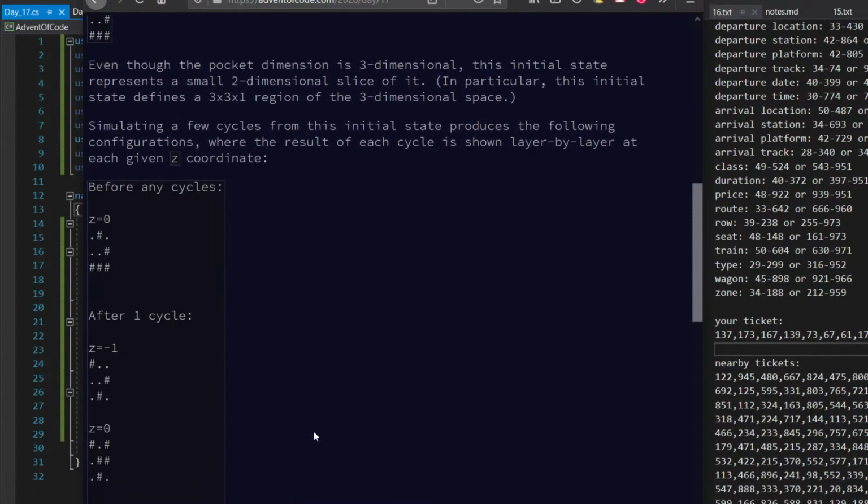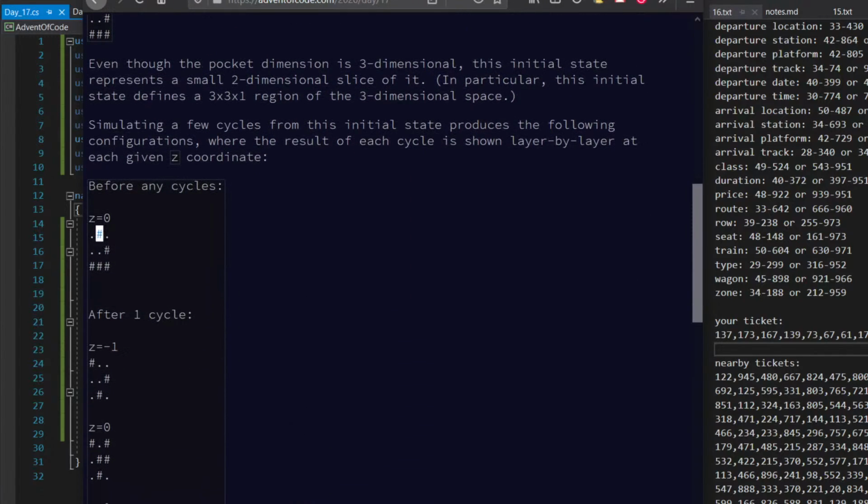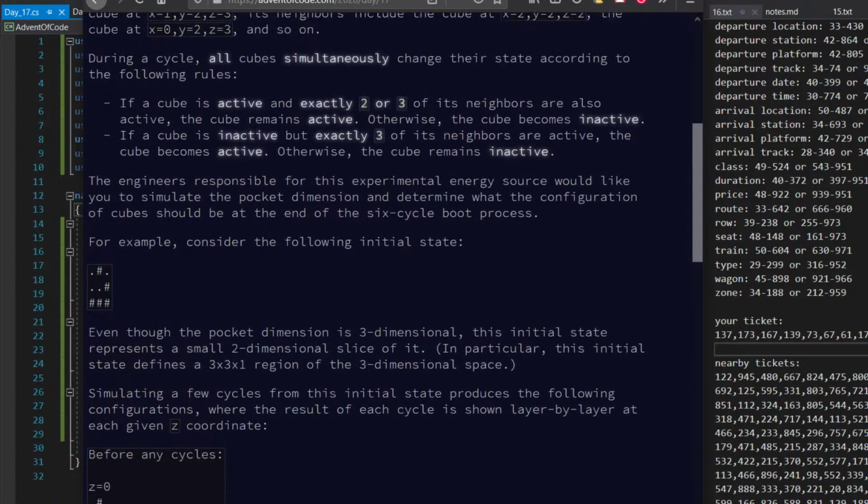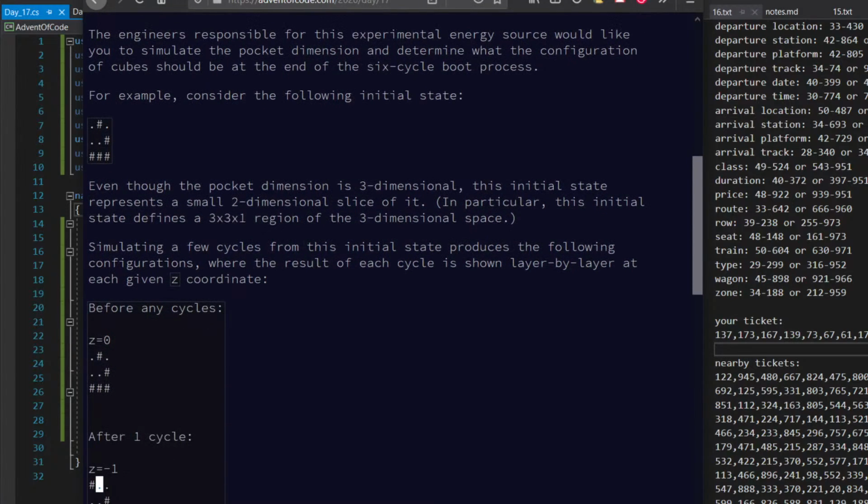Let's see. So this one was active and it became inactive. Oh no, yeah, it became inactive because only one neighbor here.